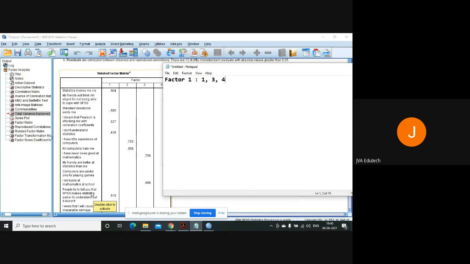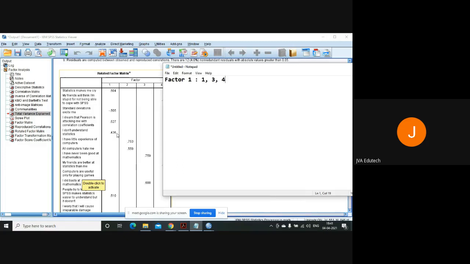People try to tell you that SPSS makes statistics easier to understand, isn't it? Let me see, it is 1, 2, 3, 4, 5, 6, 7, 8, 9, 10. Sir, will we ignore negative values? Yes, negative values you have to ignore.